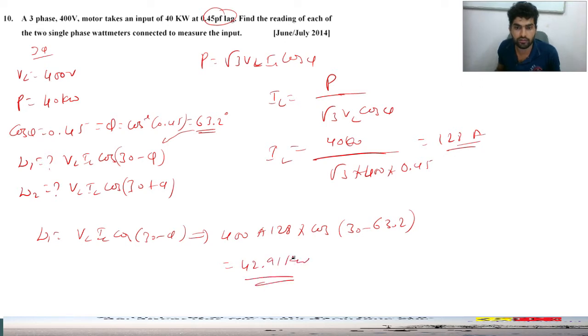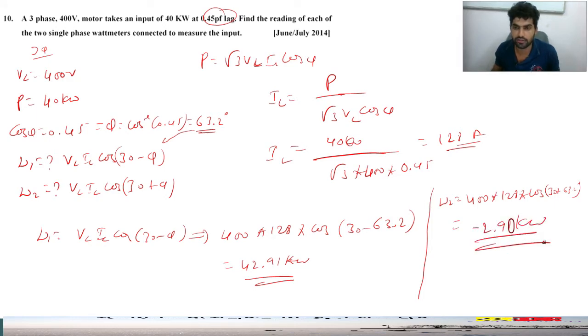Okay, 42.91 kilowatts. Similarly, W2 is equal to VL is 400, IL is 128 into cos of (30 plus 63.2 degree). We will get minus 2.9 kilowatts.